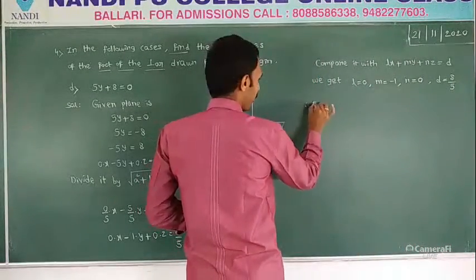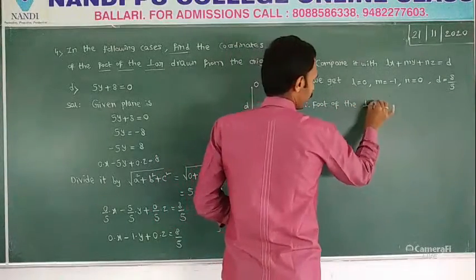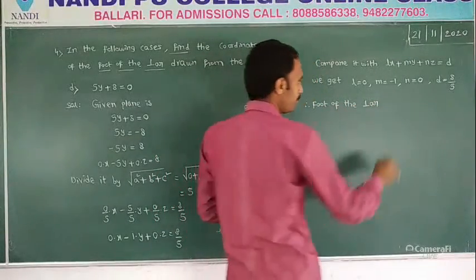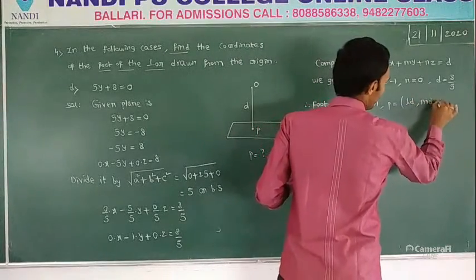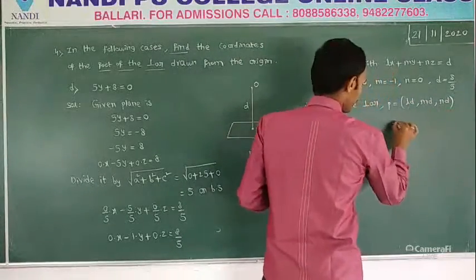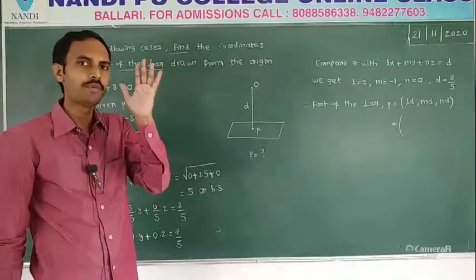Therefore, foot of the perpendicular P is equal to (LD, MD, ND), substitute all the values.